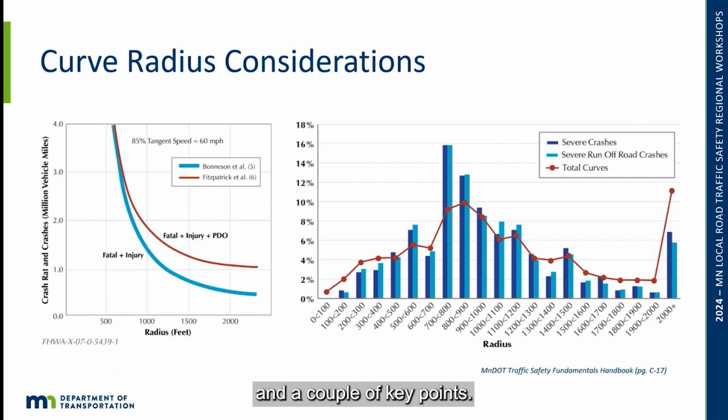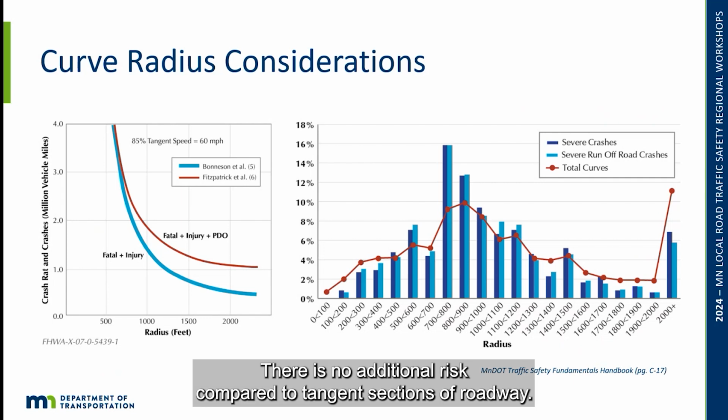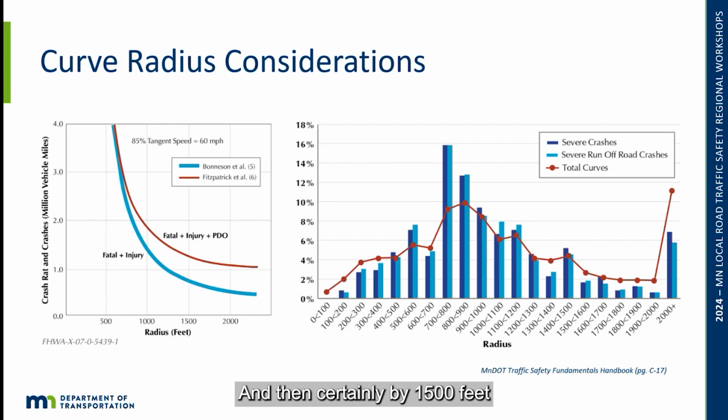And a couple of key points. It shows on the right side of the graph that at radii over about 2,000 feet, there is no additional risk compared to tangent sections of roadway. And then certainly by 1,500 feet or 1,000 feet of radius, the crash rate rises steeply.